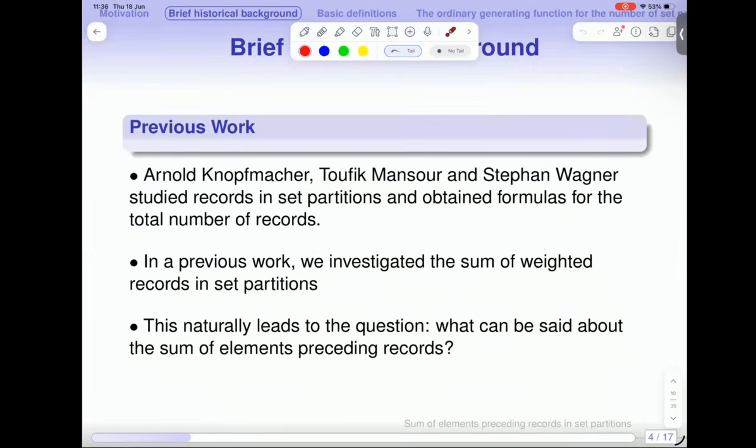After that, I started thinking about another question: instead of counting records themselves, what can we say about the sum of the elements that appear before records?